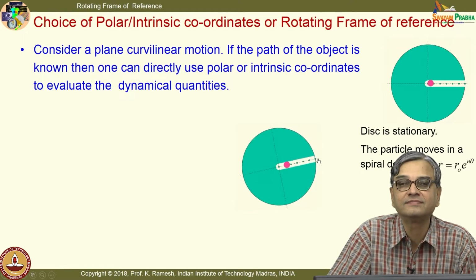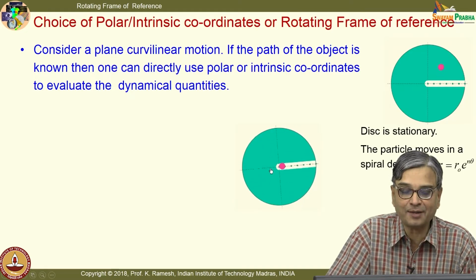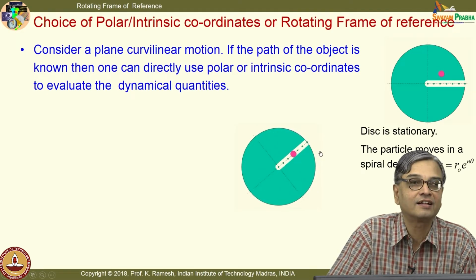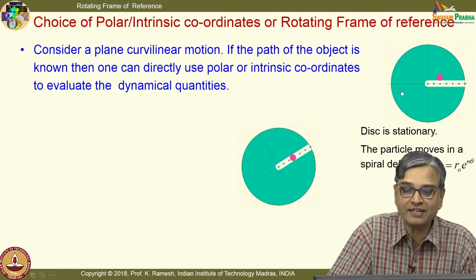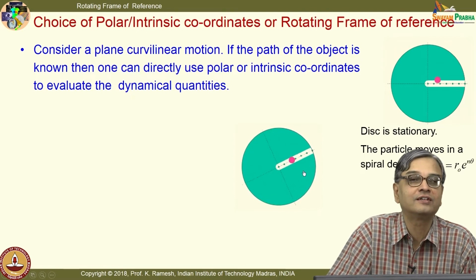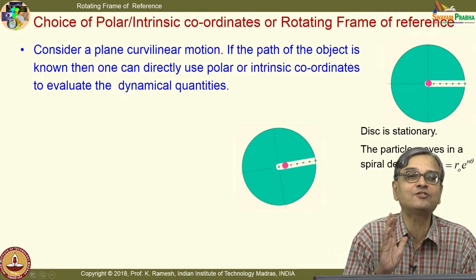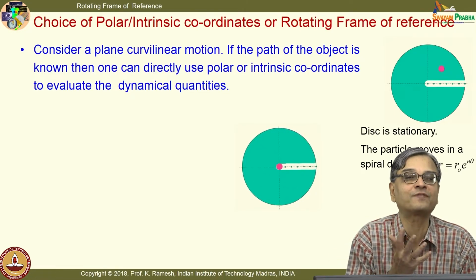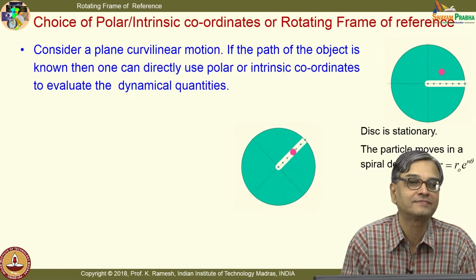You can say that the particle is steadily moving in this slot. And if you look at the difference between these two, I only made the animation. I made the disk rotate in a synchronous fashion with the particle.